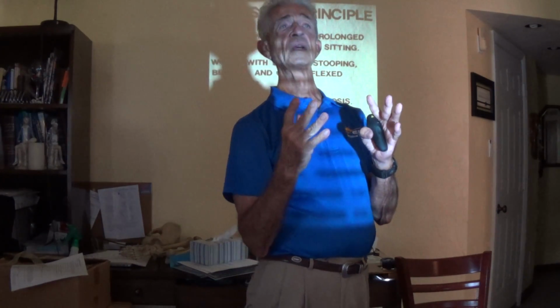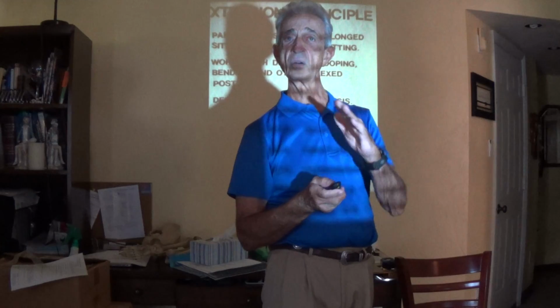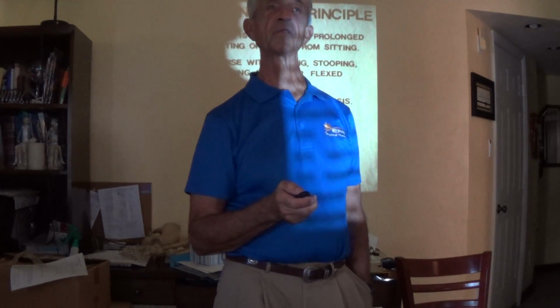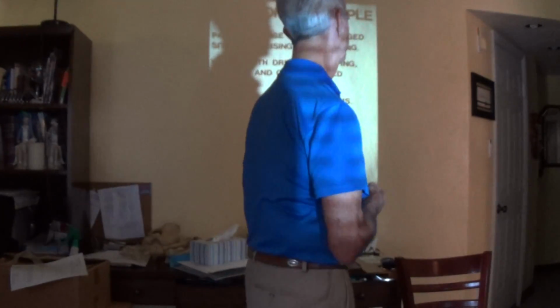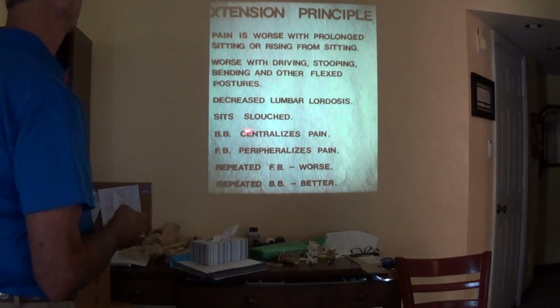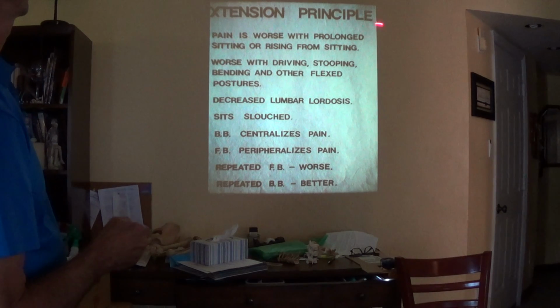And so you do peripheralize their pain. But once that inflammation starts to settle down, that type of radial bulging and increase in radial bulging will not occur. And so you can get correction once that inflammation goes down, and you won't have the peripheralization of pain occurring. So that's centralizing pain, peripheralizing pain. Backward bending on extension principles many times will centralize pain.